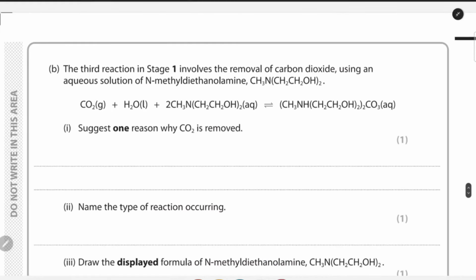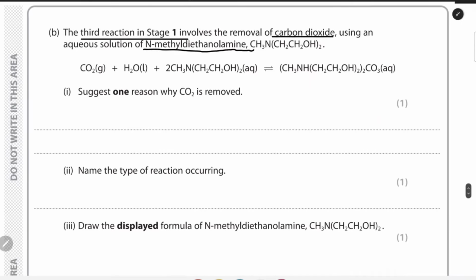Now moving on to part B, we have the third reaction in stage 1, and this involves removing the carbon dioxide using aqueous N-methyldiethanolamine. This is the reaction over here. We have to suggest one reason why the CO2 is being removed over here. This would possibly be to reduce greenhouse gas emission.